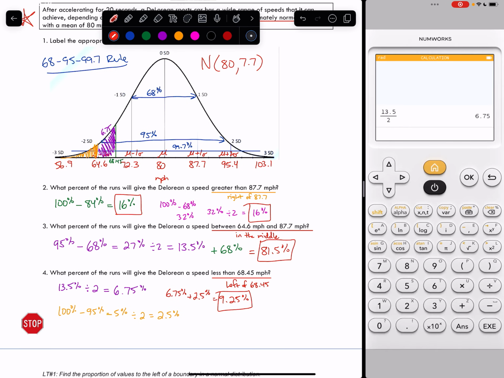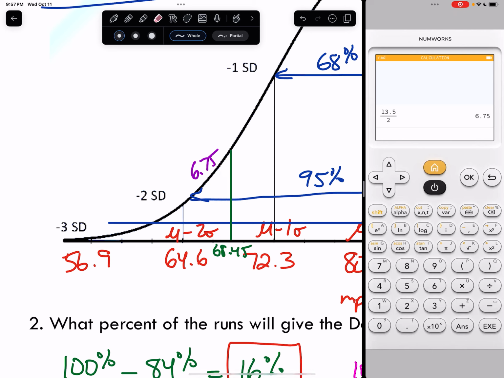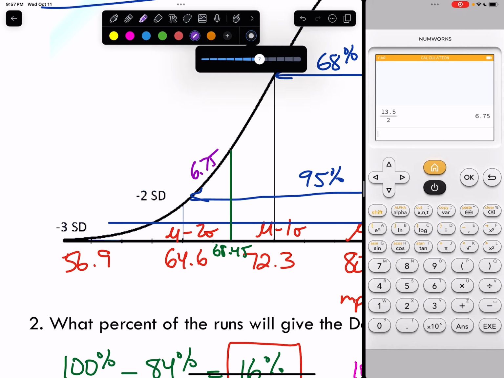Now, the only problem with this, okay, and so all of that logic was good. The only problem is if we actually look a little bit closer at our graph here, and we look at this purple section. So remember, this purple section, I'm going to re-highlight this just so it's a little bit cleaner here.